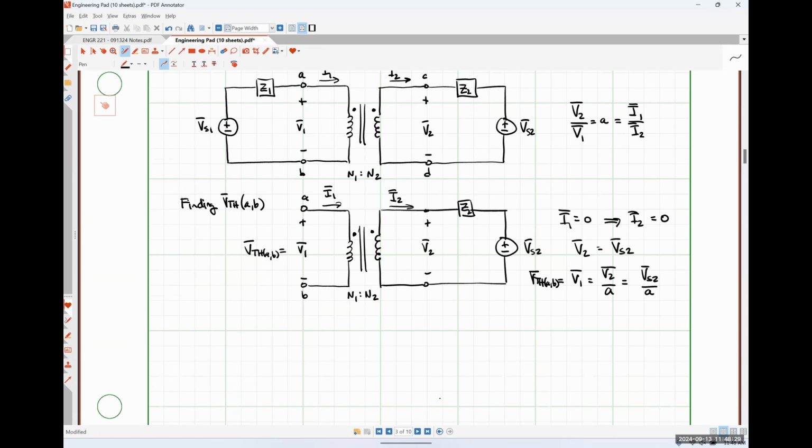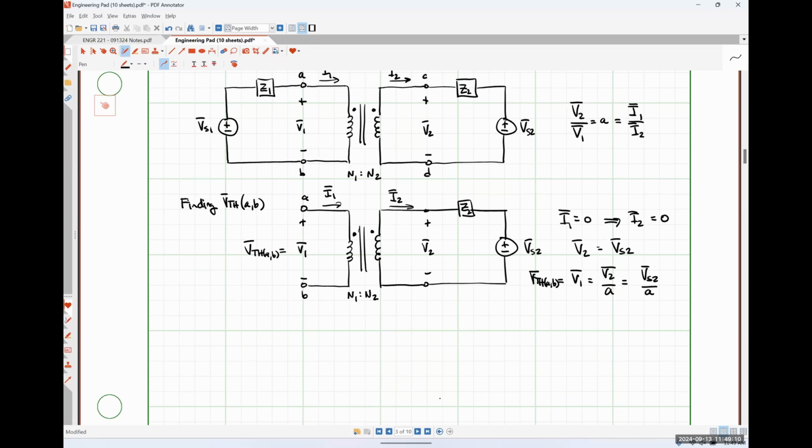So if I1 is equal to 0, then that has to be equal to A times I2, right? So 0 is equal to A times I2 implies that I2 must also be 0. Then we have V1 is equal to V2 over A. Are we okay? Okay.